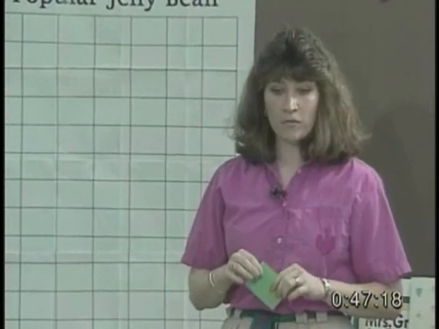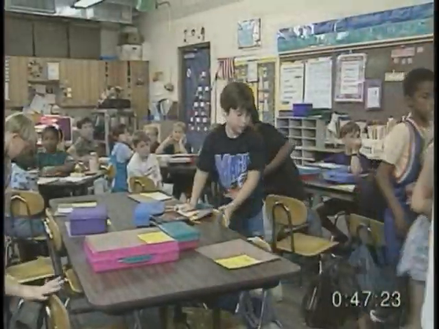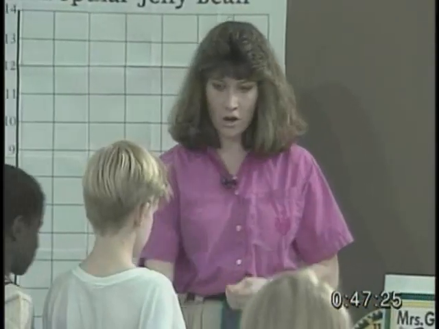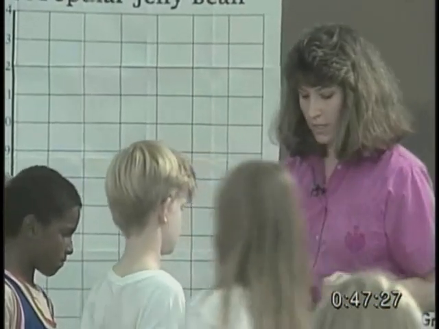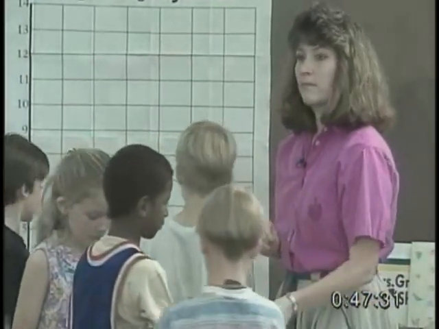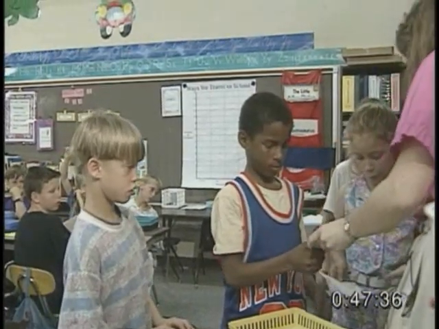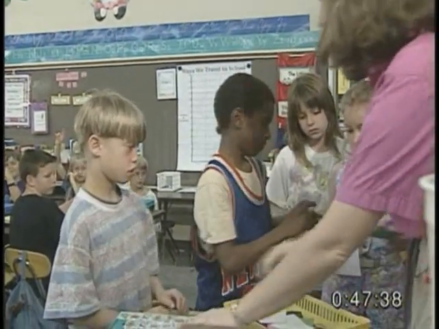And I'd like table 4 to come up first, please. Okay, Robert, look at your card, find your square, and we'll get it up there. Did you bring your jelly? Mine was green. Okay.